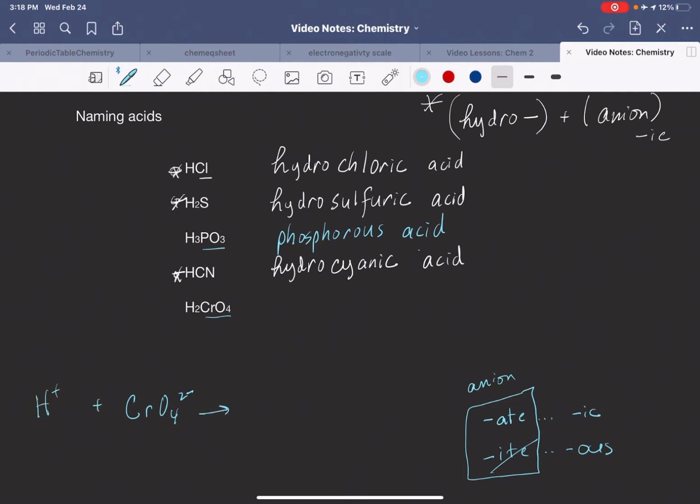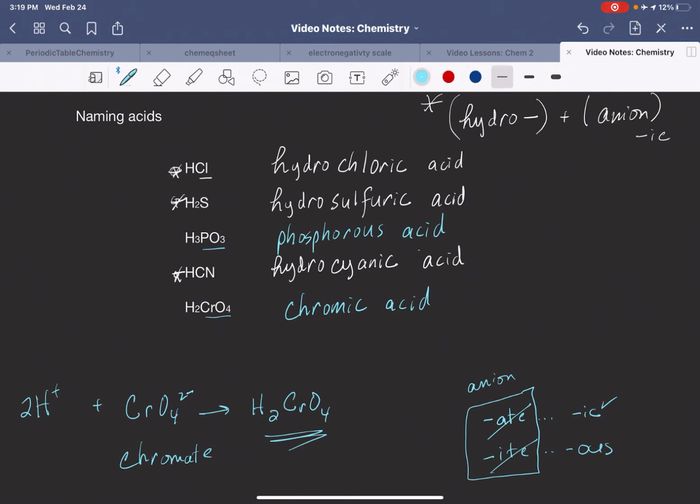What I'm doing is drawing out a basic balanced ionic equation so we can see how the ions are combining. We needed 2 of these to balance it out, so that's where we got H2CrO4. But remember, this was chromate, so we drop the ending and add IC. So we get not chromate, but chromic acid. And so those are the 2 rules.